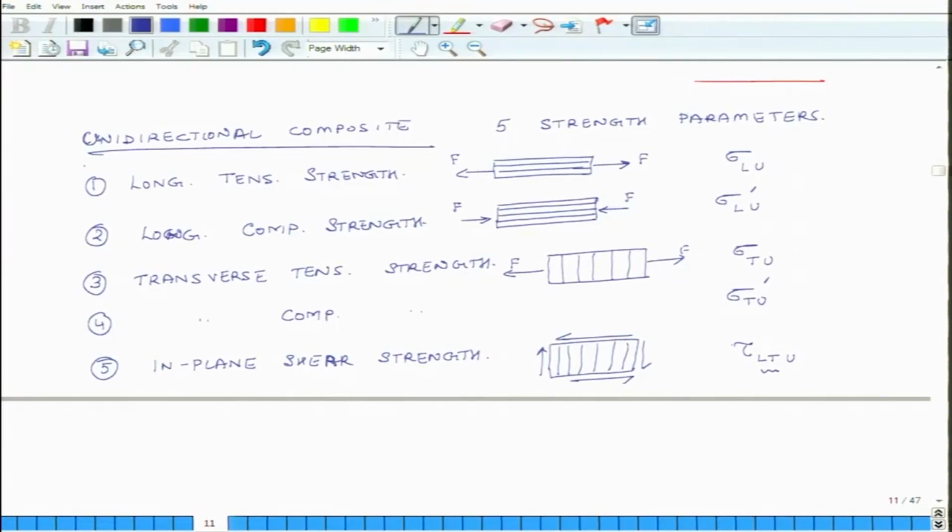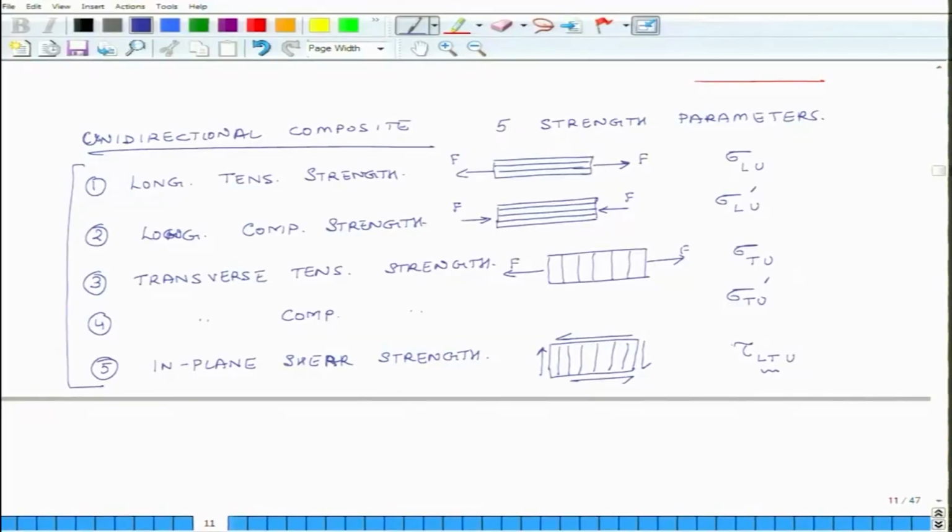So, these are 5 different properties of a unidirectional composite laminate associated with its strength. To predict failure in a unidirectional composite, we have to know these 5 different values, and then we have to find different stresses in L and T directions, and then using some methodology we can see whether the thing is going to fail or not.